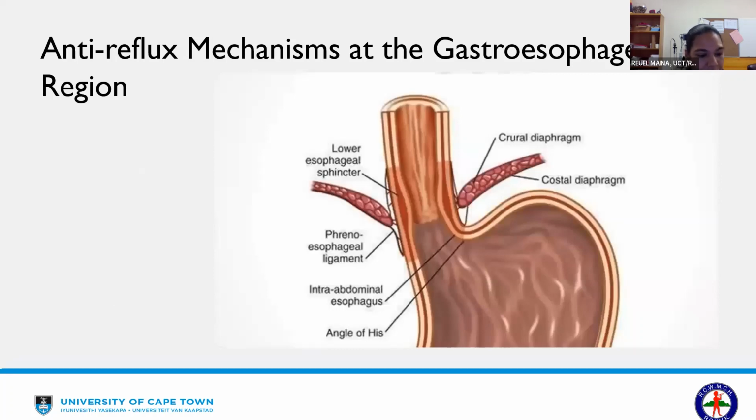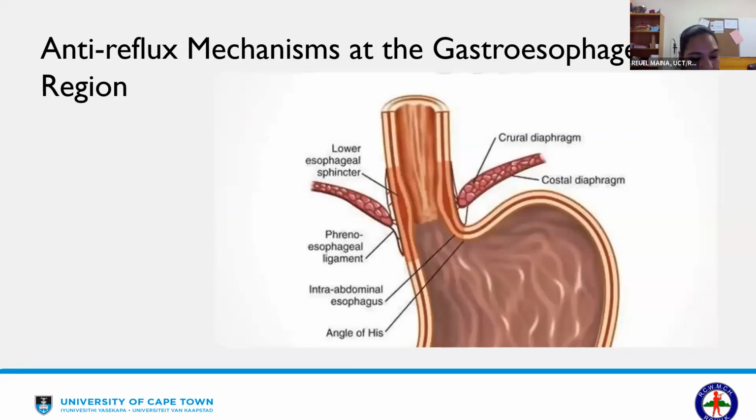The anti-reflux mechanism has at least two sphincter-like mechanisms. The first is the intrinsic muscle sphincter known as the lower esophageal sphincter, and the diaphragm functions as an external sphincter-like mechanism. The lower esophageal sphincter is the major component of the anti-reflux barrier.